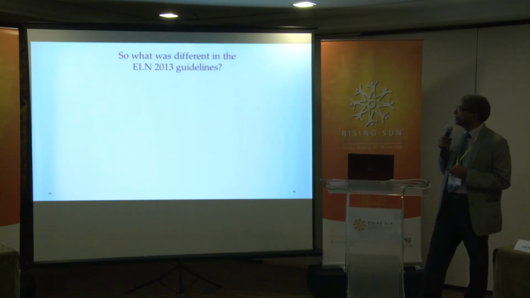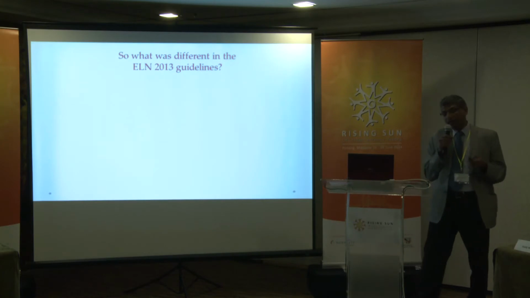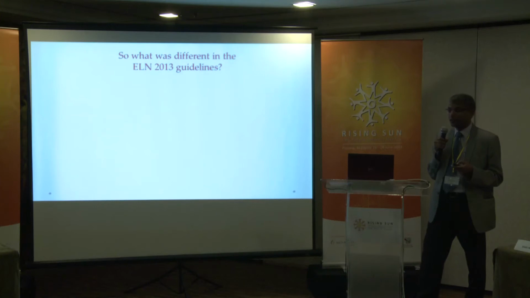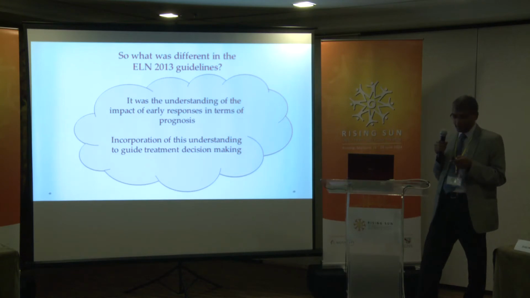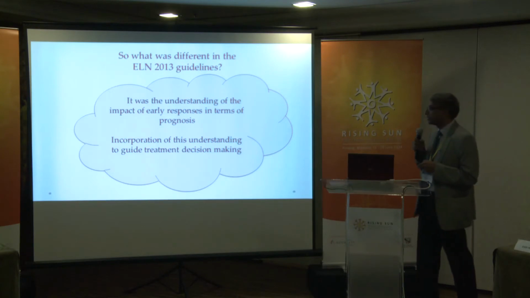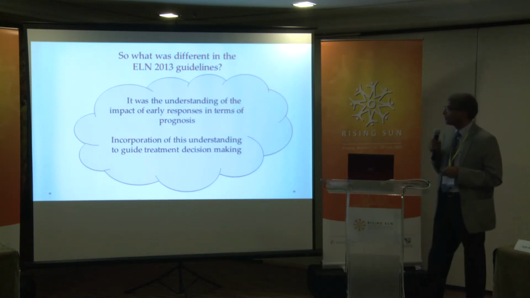Then came the evolution of these aspects of early responders and responders at 12 months and at 6 months. It was the understanding of the impact of early response on prognosis, and the incorporation of this understanding to guide treatment, that was the backbone of the formulation of the European LeukemiaNet guidelines published in 2013.